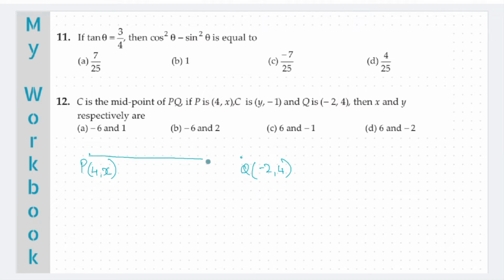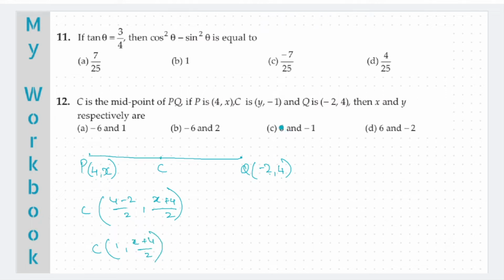Now if we know the 2 points, we can write the midpoint as (x1 plus x2 by 2), that is 4 minus 2 by 2, and (y1 plus y2 by 2), which is x plus 4 by 2. This will be the x and y coordinates of the midpoint. 4 minus 2 will be 2. 2 by 2 is 1, x plus 4 by 2.